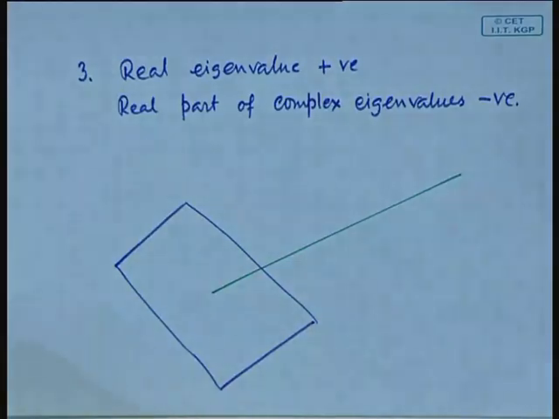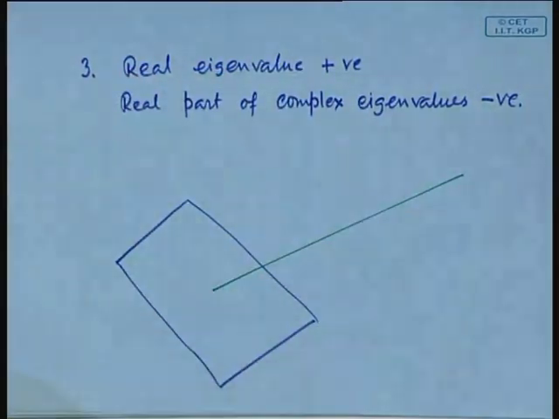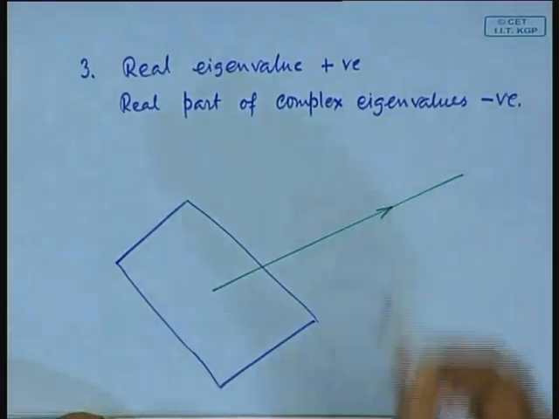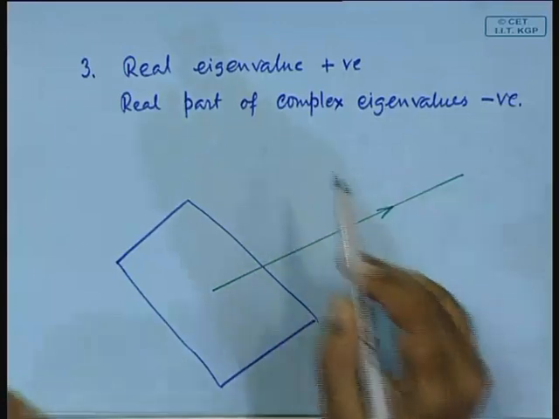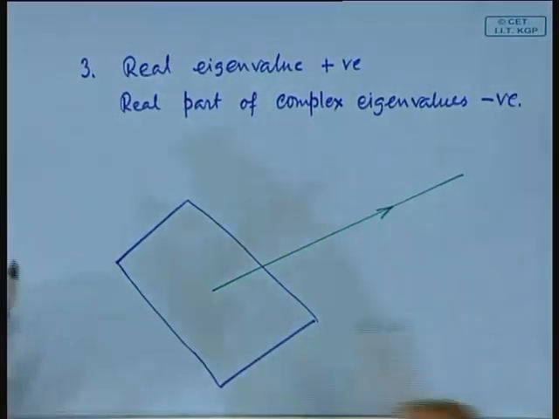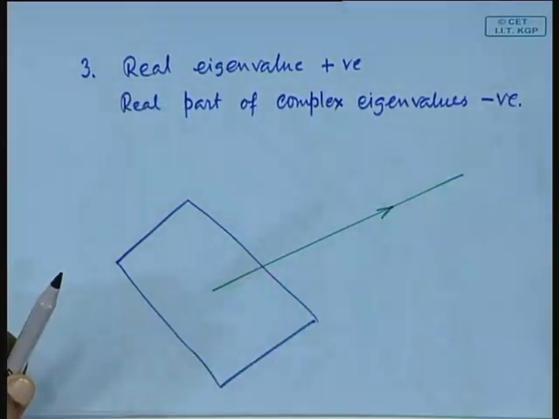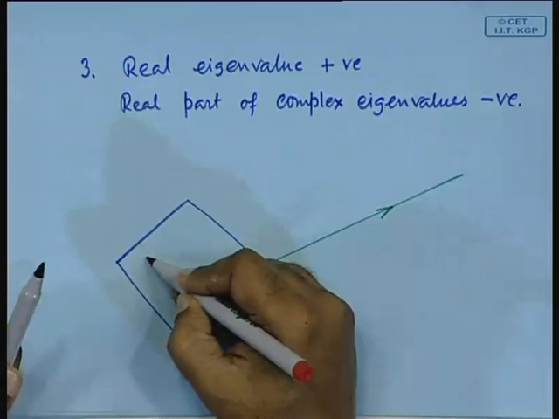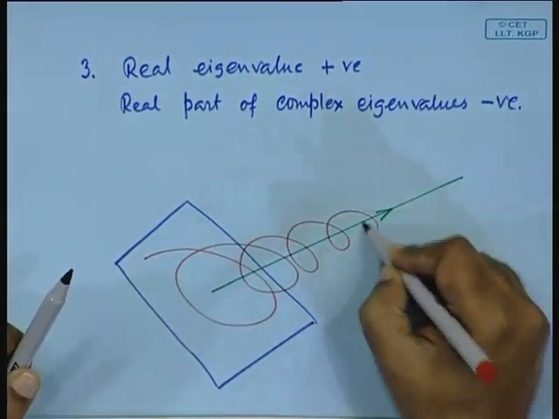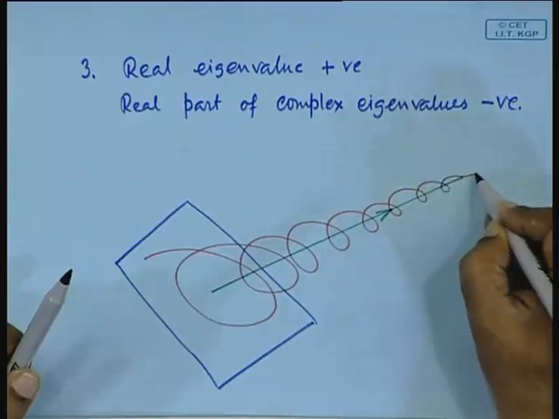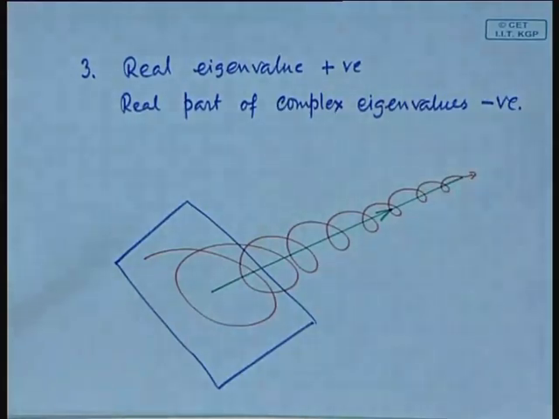Then it will go away in this direction. This has an outgoing vector direction, while this is negative. So start from very close to here, it will go like this.